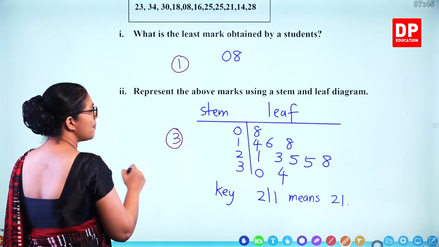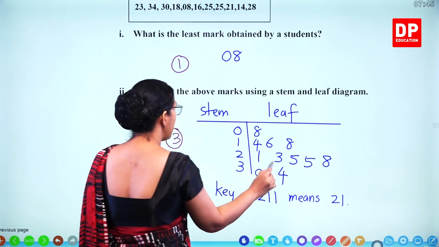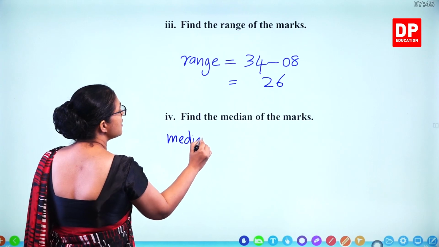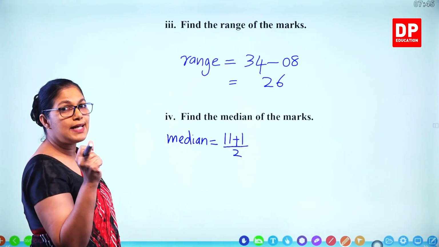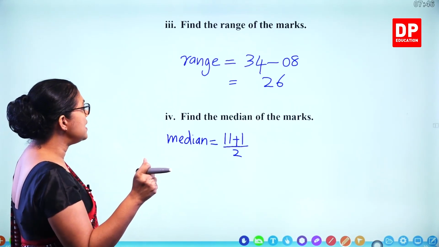Find the median of the marks. How many data points are there? 1, 2, 3, 4, 5, 6, 7, 8, 9, 10, 11. So how do you find out the median one? Median value, 11 plus 1 divided by 2. You get only one middle number. Arrange the data set in order. The middle number we call the median.